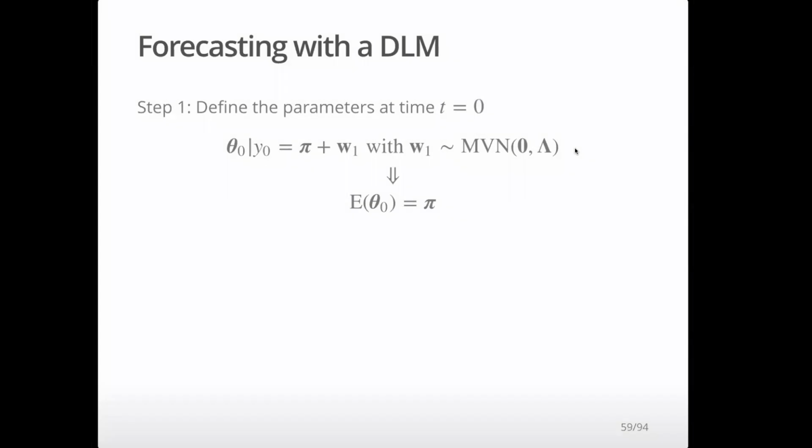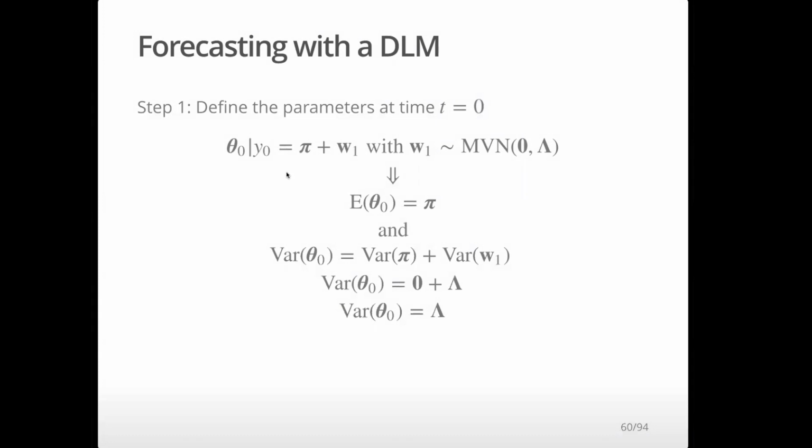Okay. So what's the expectation for this parameter given this equation? Well, it's just pi, right? You can think of this as a mean. We're thinking about expectation, so ignore the W for now. So the expectation of the parameters at time 0 is just pi.